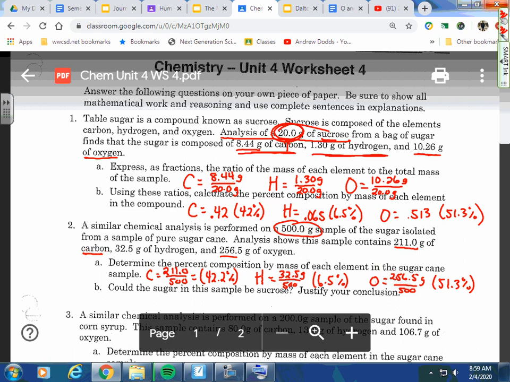Answer should be yes. Why? It should be 100 or close to it, depending on how we round. So the percentages are the same or similar, very close to being the exact same.